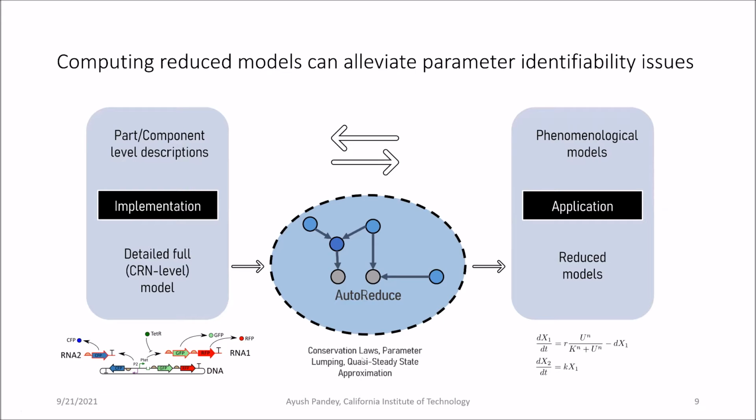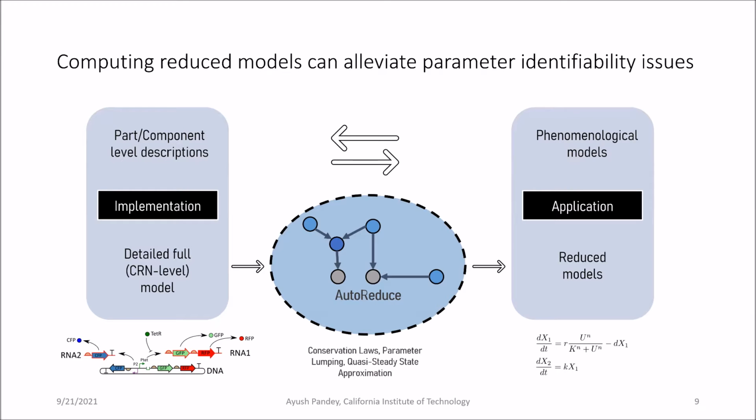The reason is that we are only talking about structured model reduction. By structured model reduction, I mean that the variables and the parameters in the detailed model keep their meaning in the reduced model as well. And that is how we are able to obtain these relationships between parameters.